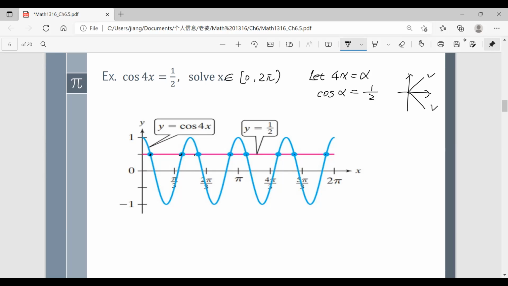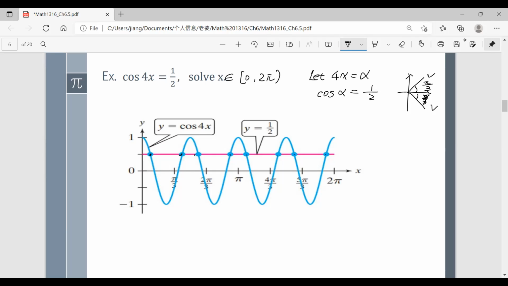So I just randomly draw 2 lines. For cosine alpha equals 1/2, the reference angle is pi over 3, and here is also pi over 3.